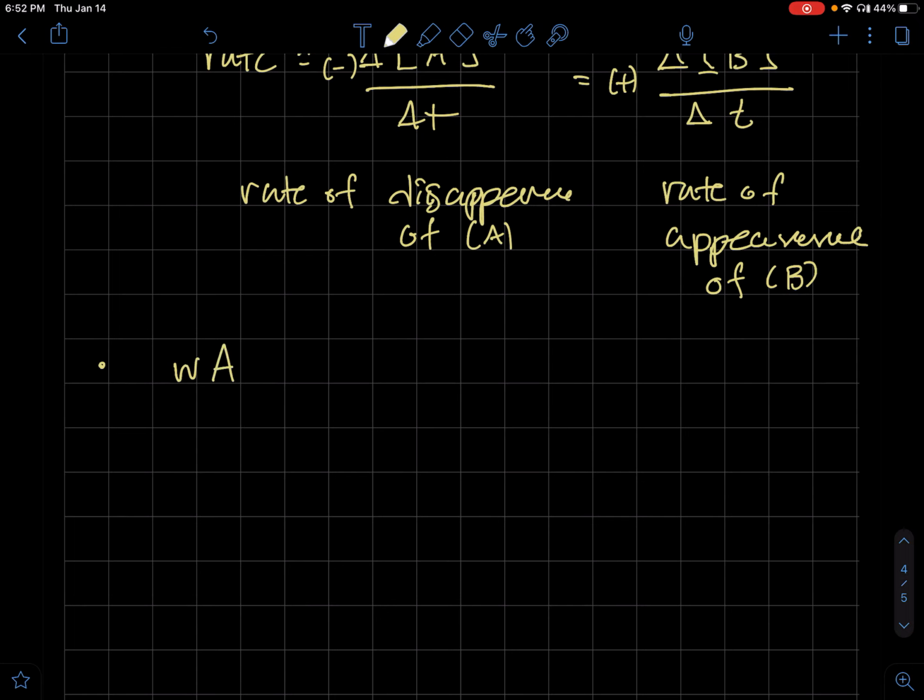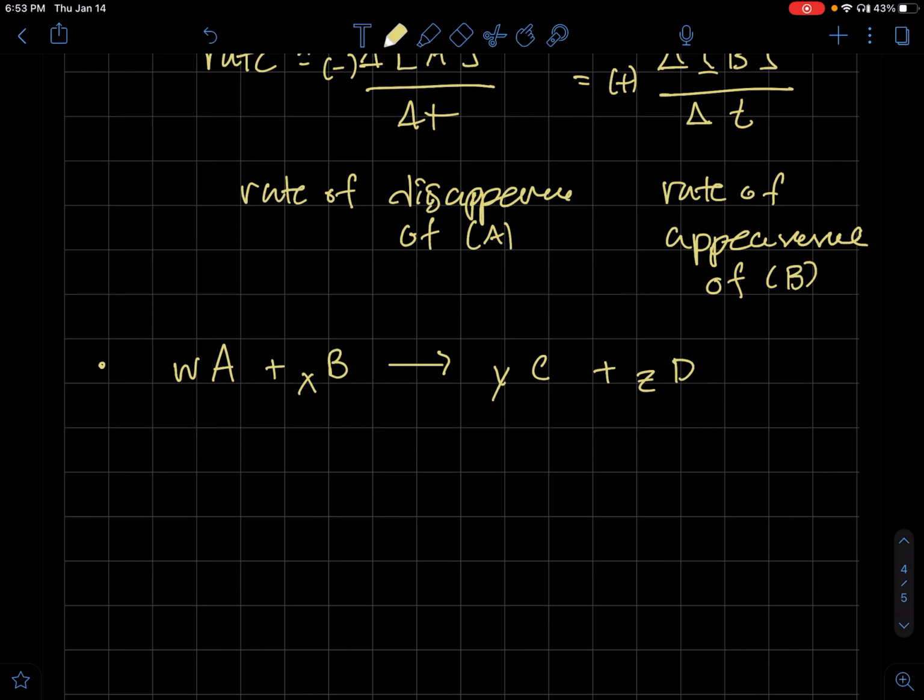So we have A with a coefficient of W plus B with a coefficient of X goes to C with a coefficient of Y and D with a coefficient of Z. So we can write the reaction rate, the rate of disappearance or the rate of appearance, individually as parts.